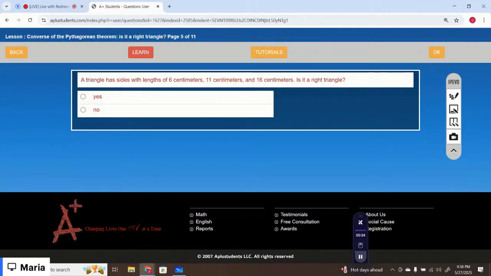Is it a right triangle? No, that is not a right triangle. The correct option is no.